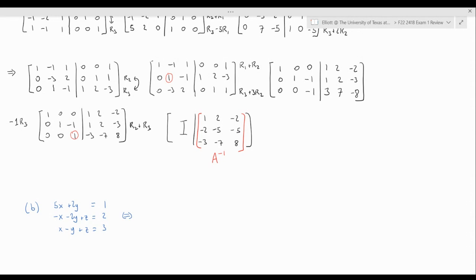So here we have a system of equations, and I'm just going to write it in matrix form. So in the form like AX equals B. So here I'm taking the coefficients, multiplied with the vector of variables, x, y, z. And then on the right-hand side, we had 1, 2, 3.